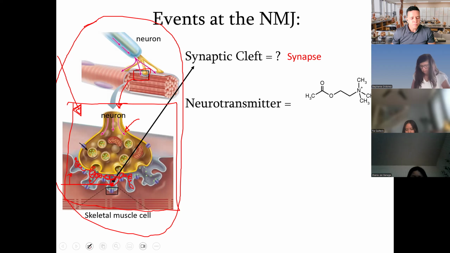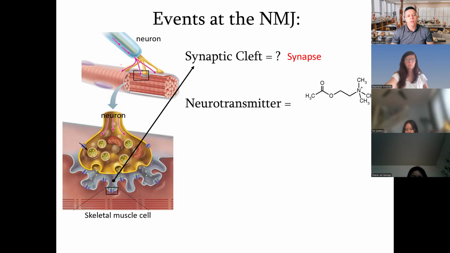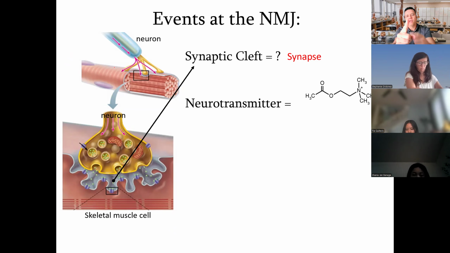Now, when we want to contract a muscle, we are going to send a signal from our brain all the way to that muscle. Everybody look up here. Imagine I want to contract the muscle of my finger, okay? I'm going to send a thought, a signal from my brain, and that signal is going to travel from neuron to neuron, down my neck, and up my arm until the signal gets to the muscle that controls my finger.